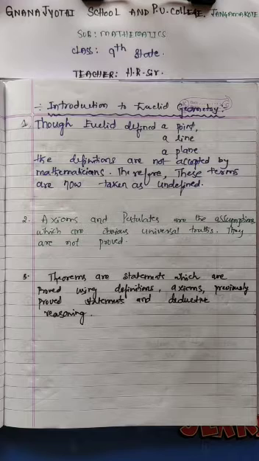Suppose you define a part to be that which occupies area, then area needs to be defined. So to define one thing, you need to define many other things, and you may get a long chain of definitions without an end.